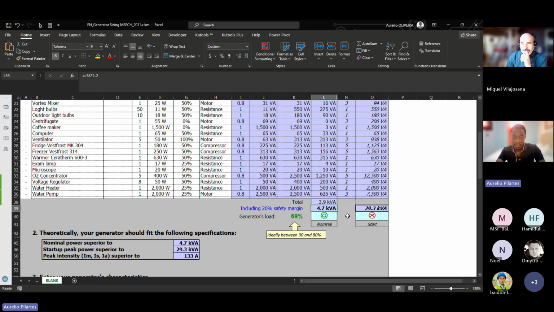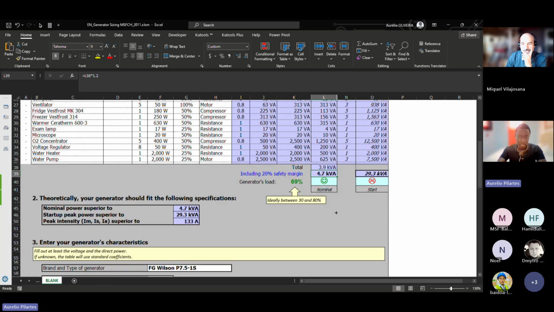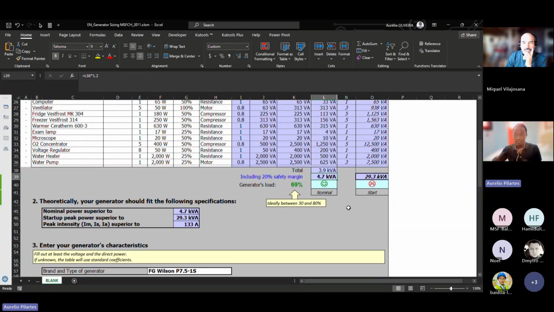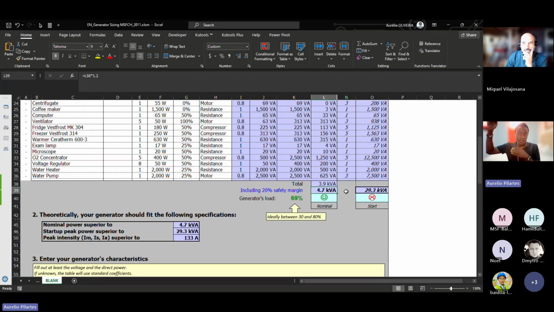And for this 4.7, this is where you choose your generator. Now, when choosing the power generator, we never choose exactly the power we have here. If we choose a 4.7 kVA generator, it will run at full capacity, which can be harmful for the generator.